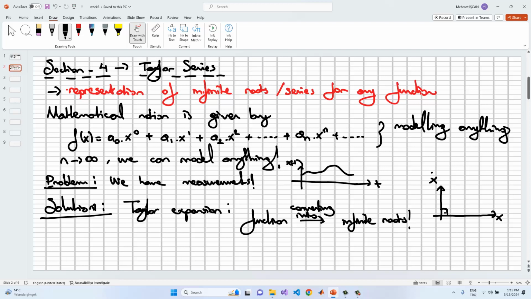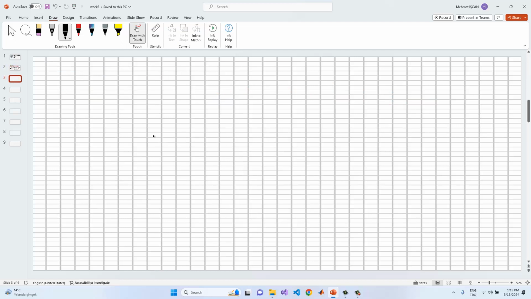But we have a different notion in here, because the Taylor expansion is given by this formula. We have the f(x), which is equal to what?